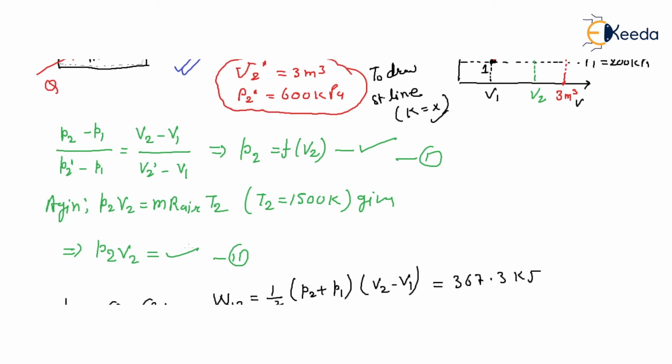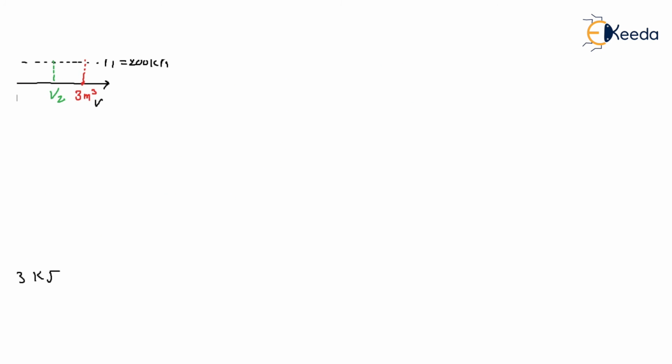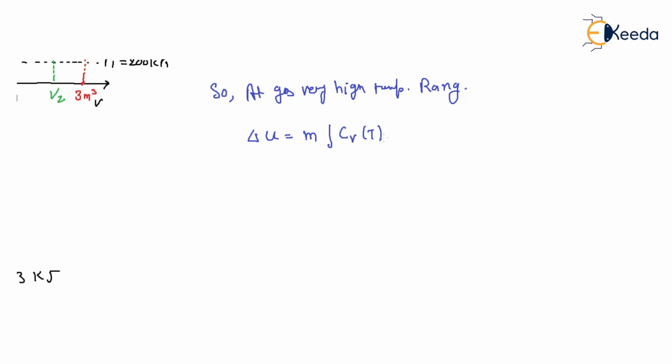In the perfect gas, Cp and Cv are functions of T. So at a very high temperature range, delta U is m times the integral of Cv as a function of T dT, but in general Cv as a function of T is not given.